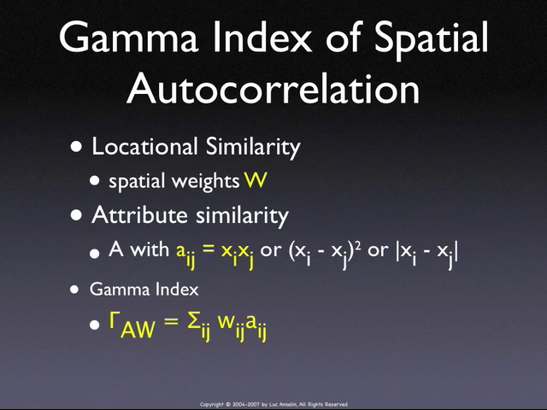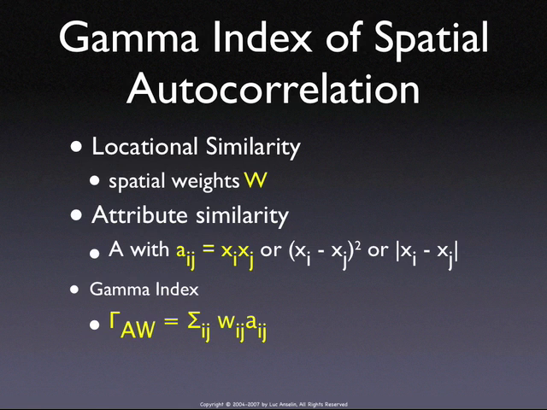Now think about this for a second. When you did the spatial weights in the lab, and we talked about this a little bit last week, one characteristic of the weights matrix is that there's lots of zeros in it. It's only non-zero for the pairs that are actually neighbors. So what is going on in this product?